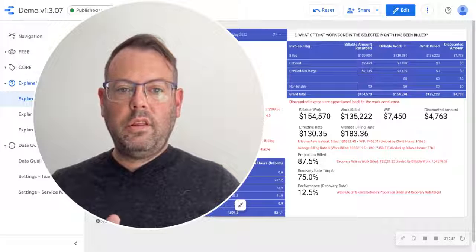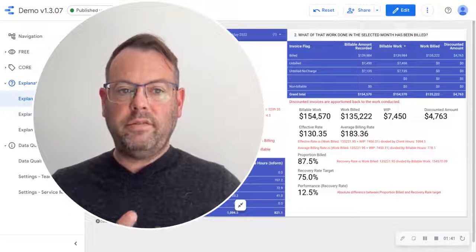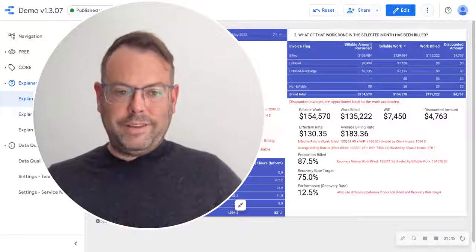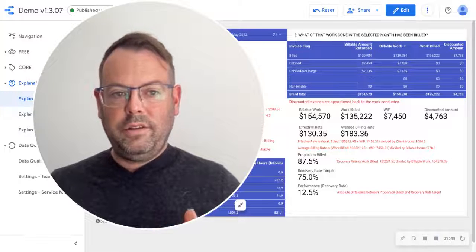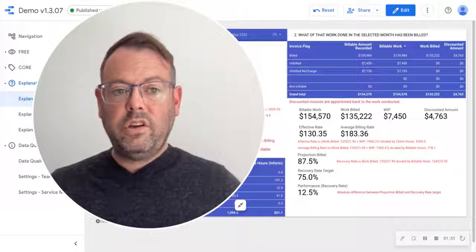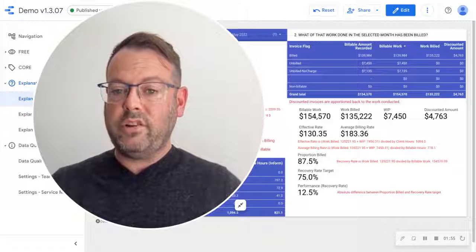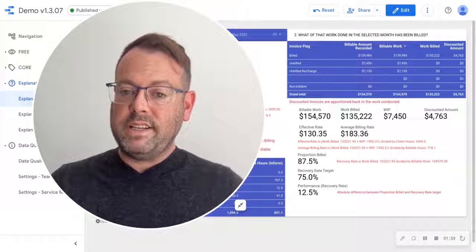And so because of that, we've got this unbilled 7,450. You will notice if you look closely, the work billed is lower, 135,000, compared to the billable work of 139,984 for the billed category, and that's because of discounts.